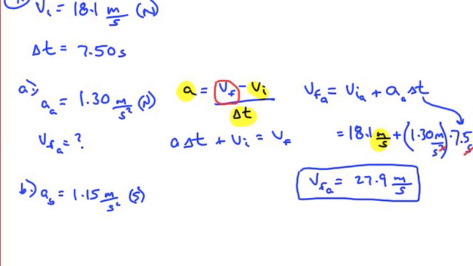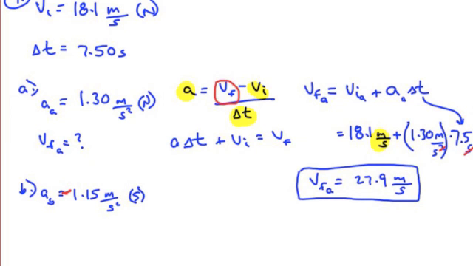You have a negative acceleration. So the magnitude is 1.15 meters per second squared, or the deceleration. But the value of it has a negative in front of it. So when we put that in, since it is oriented in the south direction, not north, it's going to have a negative sign in front of it. Everything else should be the same.